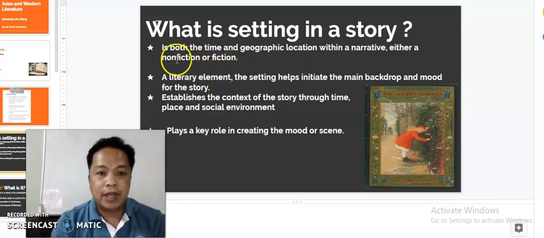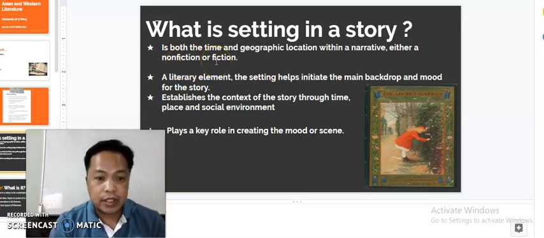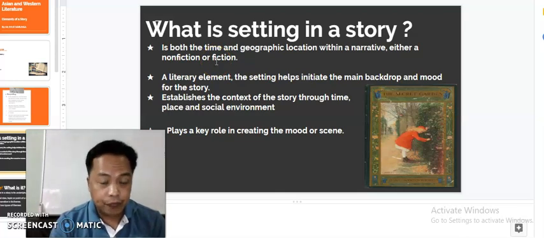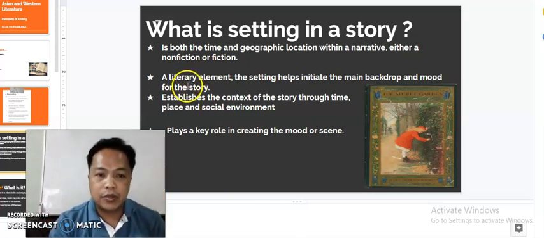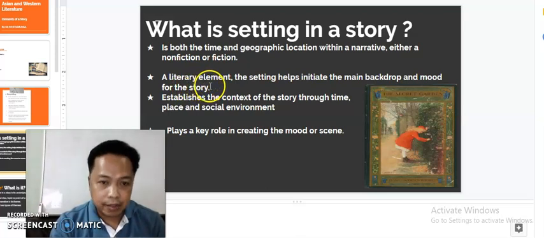When we say non-fiction, those are true stories, while fiction stories are not true, only people's imagination. So setting also is a literary element.